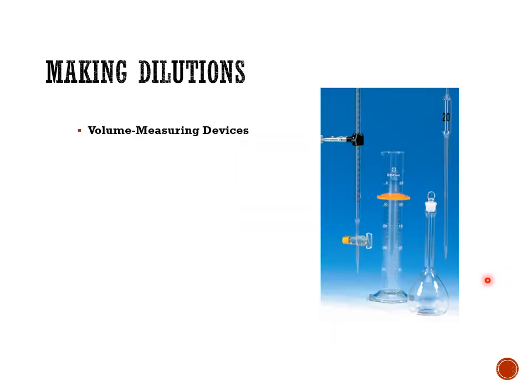So, here are the volumetric measuring devices that we are using in the laboratory. So, here is the pipette. So, yung mga volumetric measuring devices natin, yun yung mga pinaka-accurate sa lahat. Hindi lang dahil yung beaker natin ay may nakalagay na 200 ml is, yun na yung pinakatamang measurement.